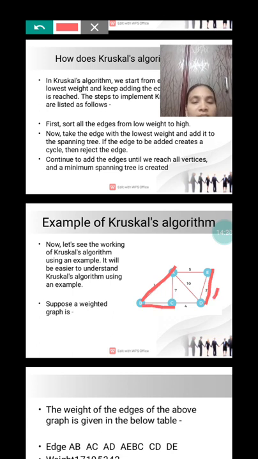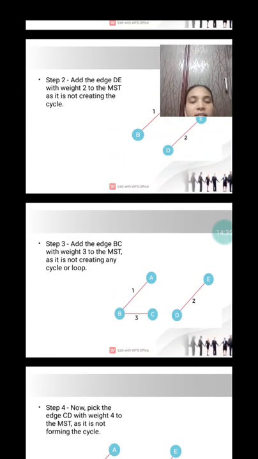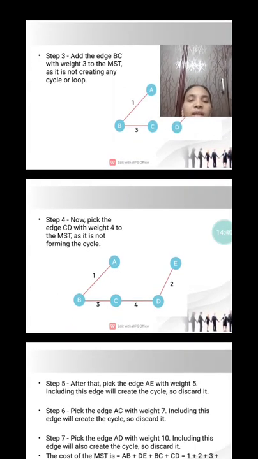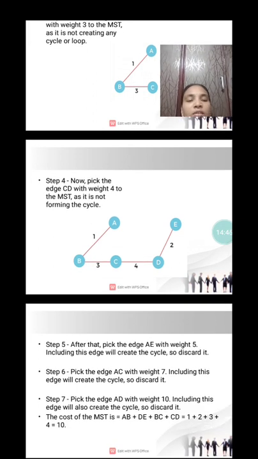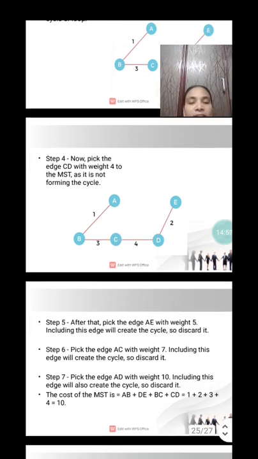As it is not creating any cycle, we can draw it. So from B to C there is a connection. Now step 4. Now pick the edge CD with the weight 4 to the minimum cost spanning tree. It is also not creating any cycle, so it can be connected.